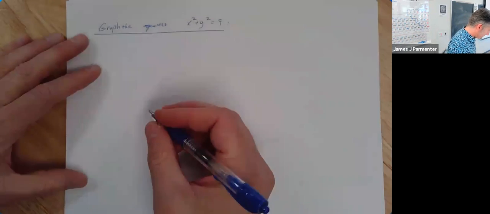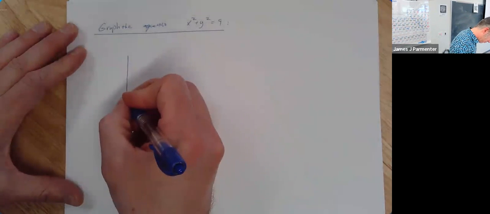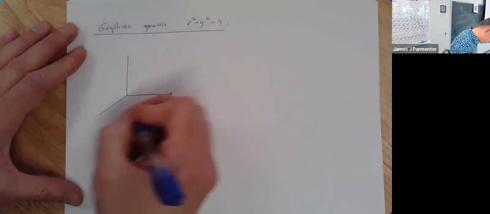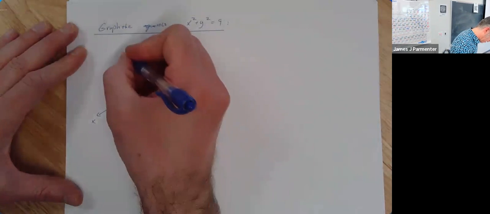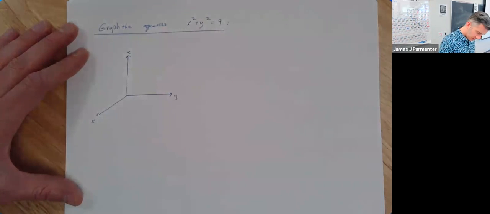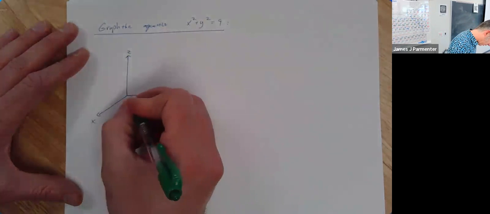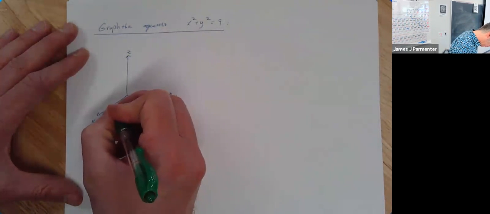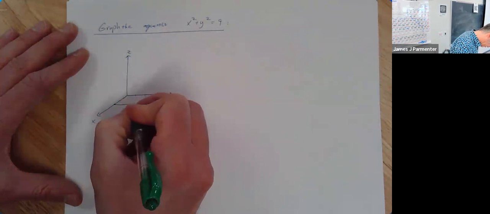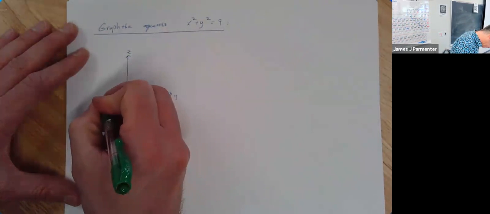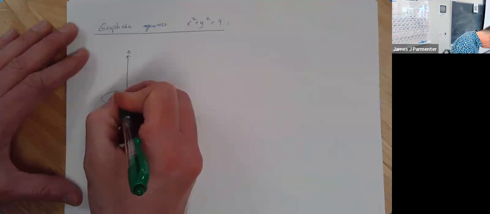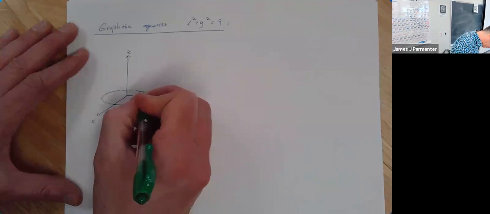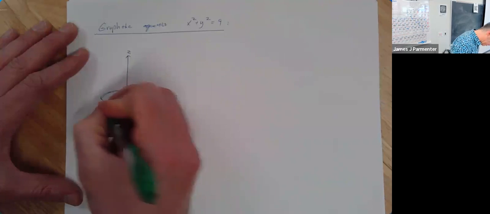So I take my entire circle. It's in the XY plane. Here's my circle. Okay, let's see. 1, 2, 3. 1, 2, 3. Kind of like this, sure. Okay, so this is where my drawing skills start to be not great.